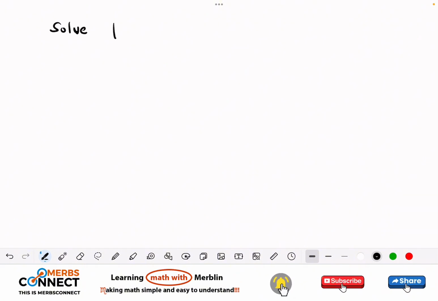Solve absolute of x minus 2 equal to 1. So as I said, with absolute, we have two sides. We have the plus and we have the minus. So I'll show you all the ways you can go through this process. One way is, we know that we can change this to plus or minus x minus 2 is equal to 1.